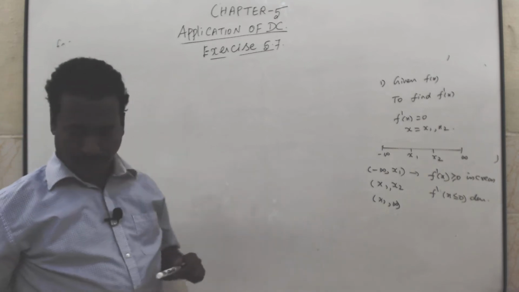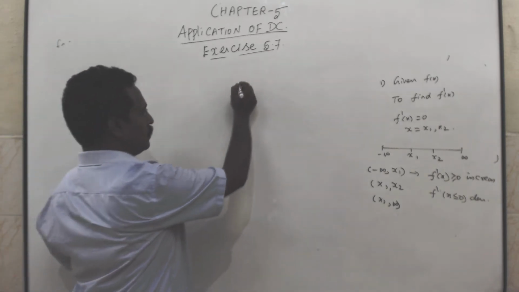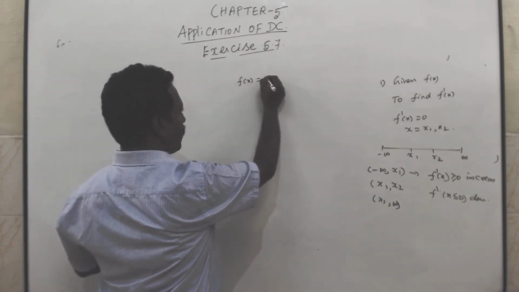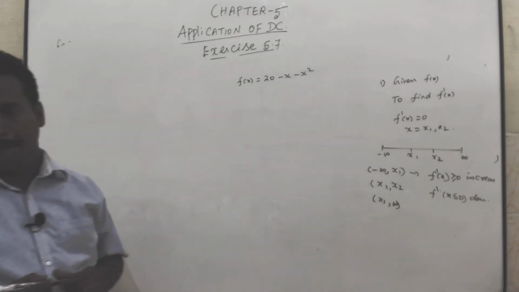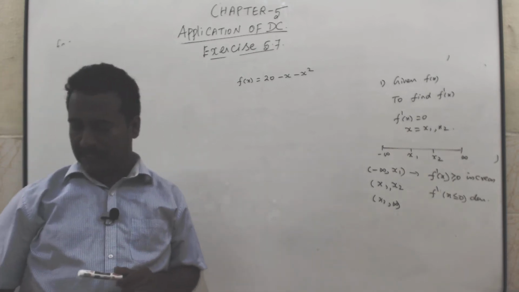Sum number 1. f of x is equal to 20 minus x square.